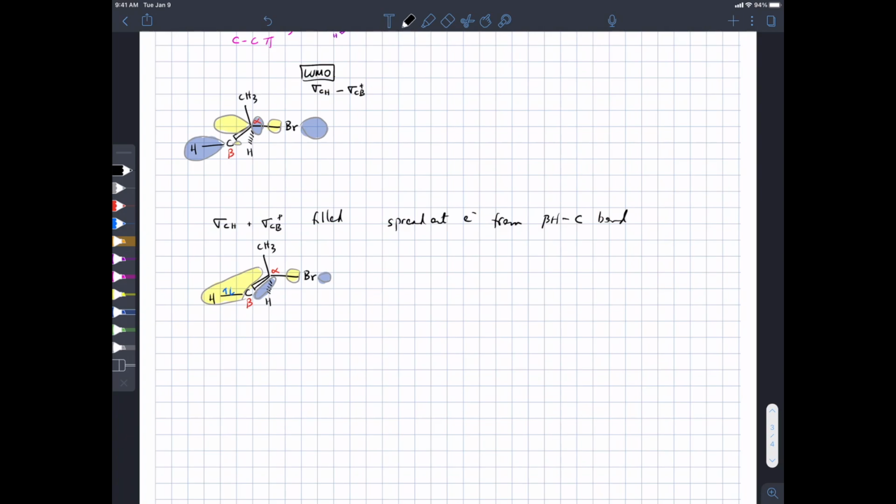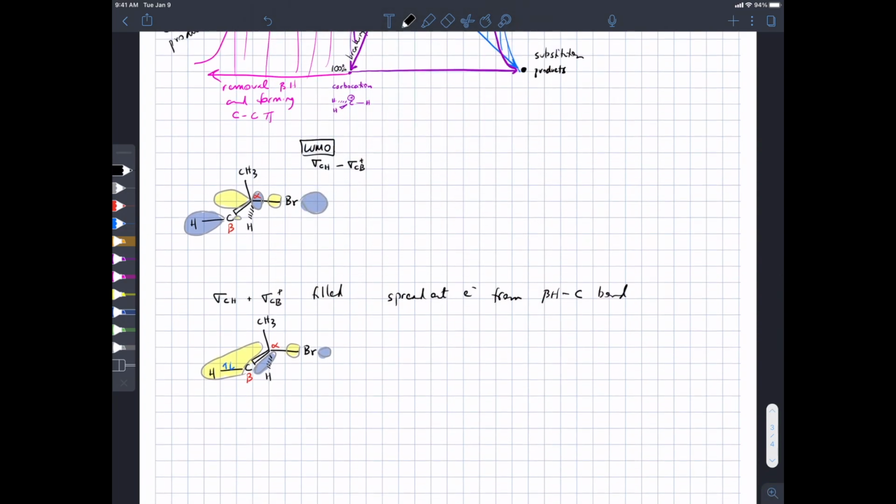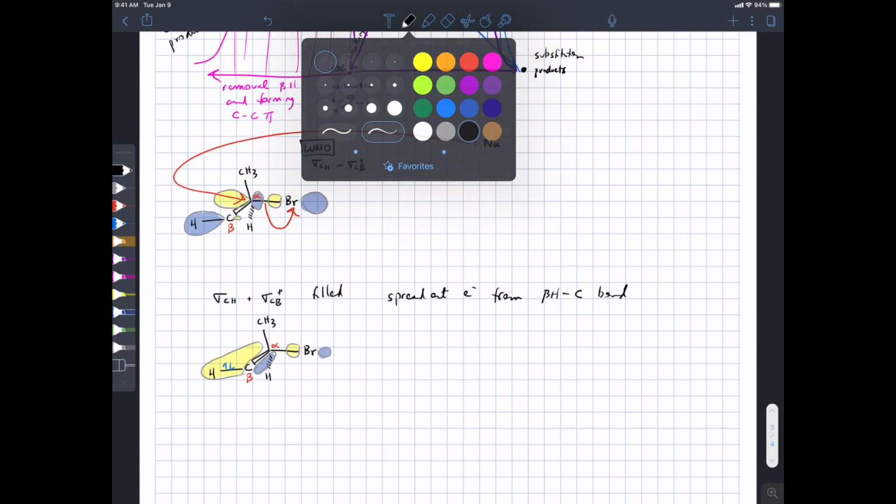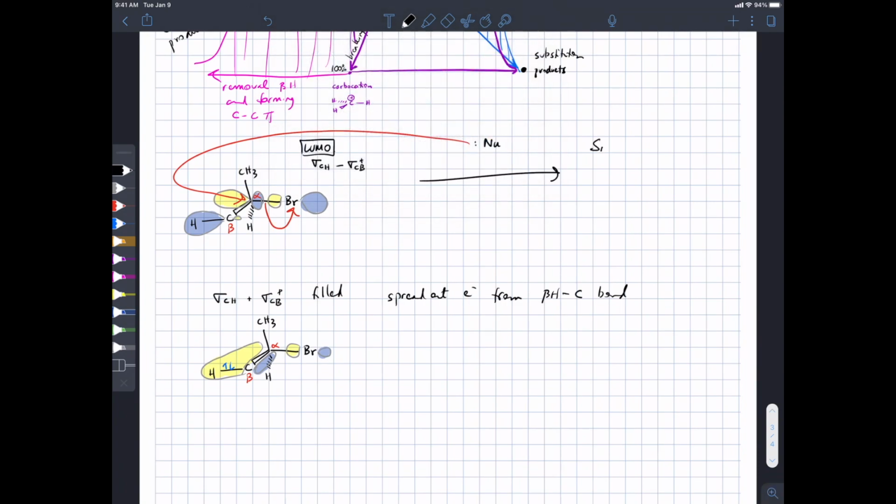So again, if the nucleophile attacks at the alpha carbon, then the leaving group leaves and you get SN2 products. And again, remember that occurs with backside attack and inversion of stereochemistry.